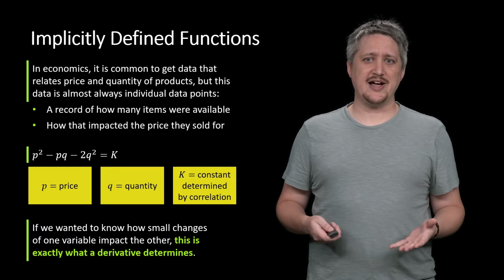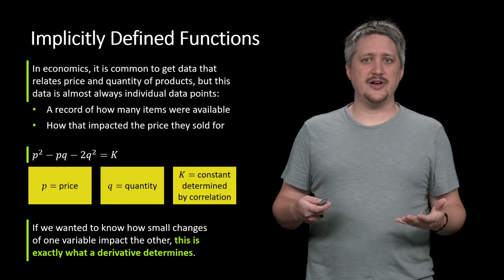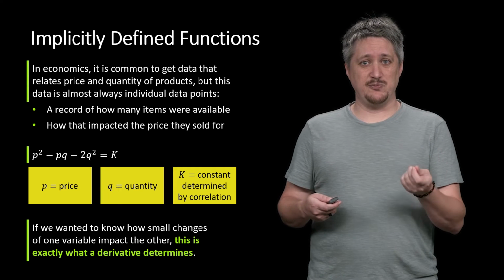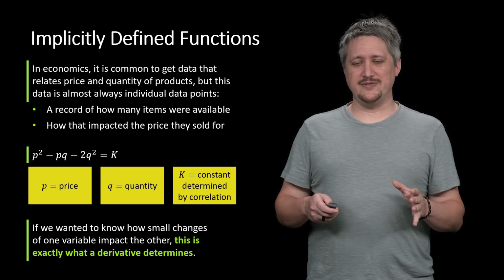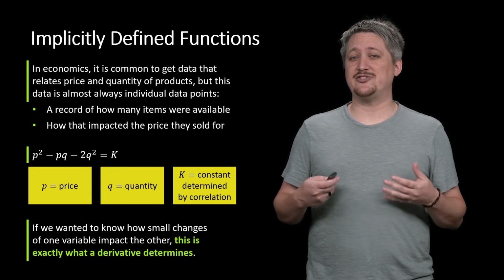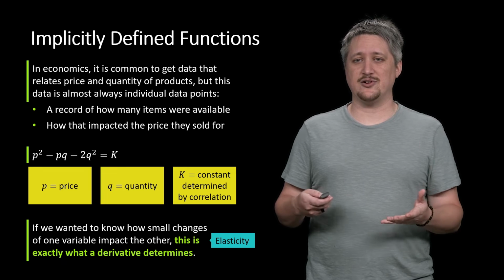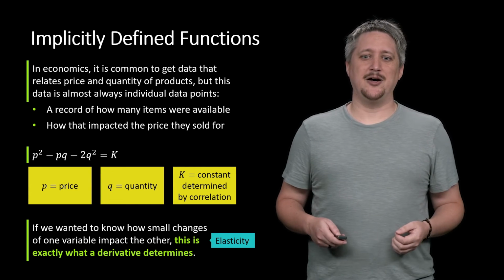This is exactly where derivatives come into play, because derivatives are there to analyze small changes. That's what they're really good at. And in fact, this particular example in economics is so common that it actually has a name. This is called price elasticity or demand elasticity.